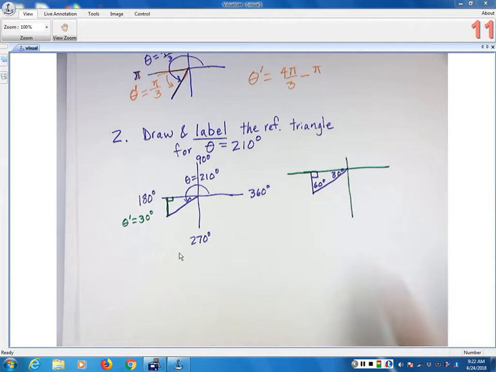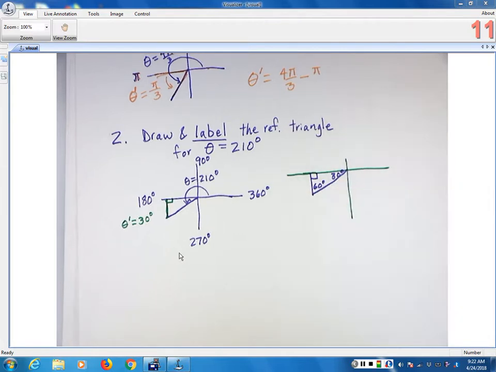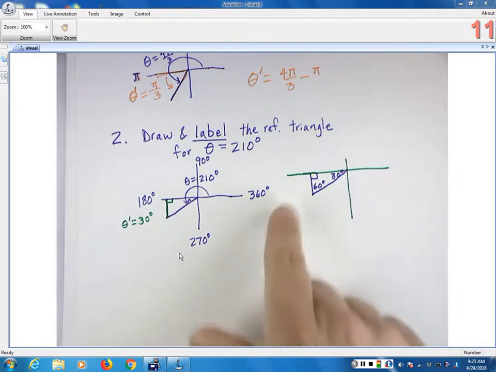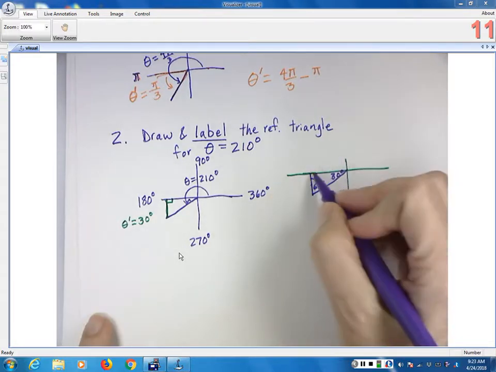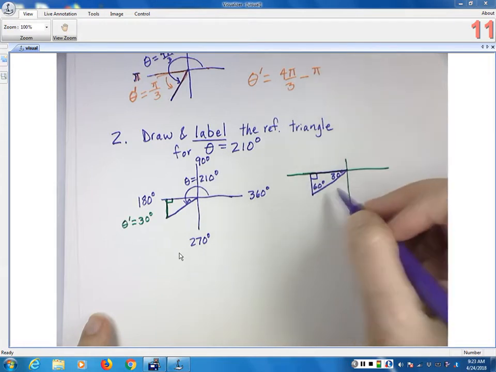So don't draw the triangle here, and if you get the wrong angle, you're going to get the wrong values. It's going to be mixed up, opposite. Cosine will be sine, and sine will be cosine for 30 and 60. So a 30-60 triangle, to remember that, is that the shorter side is 1/2 the radius, or the hypotenuse.